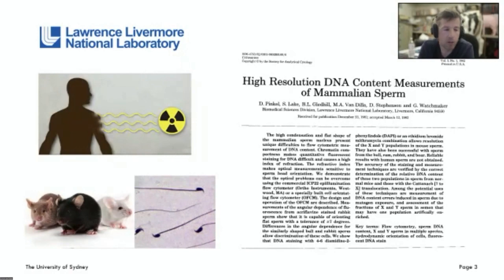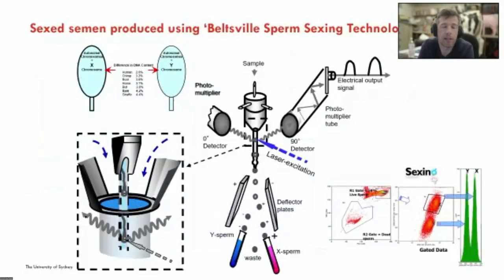And so it was from that, in conjunction with the USDA, they developed what was initially referred to as the Beltsville sperm sexing technology. The way this works is that there is a modified flow cytometer.